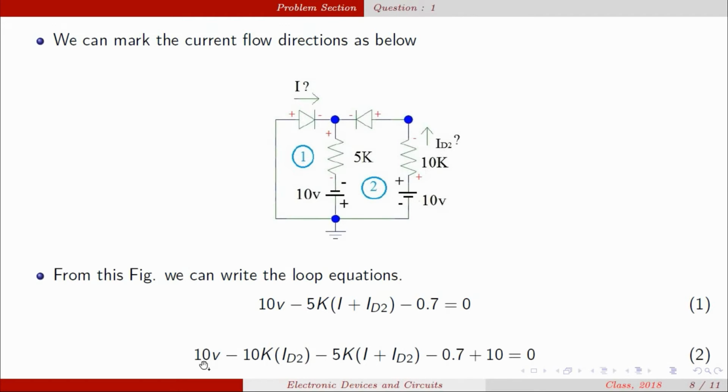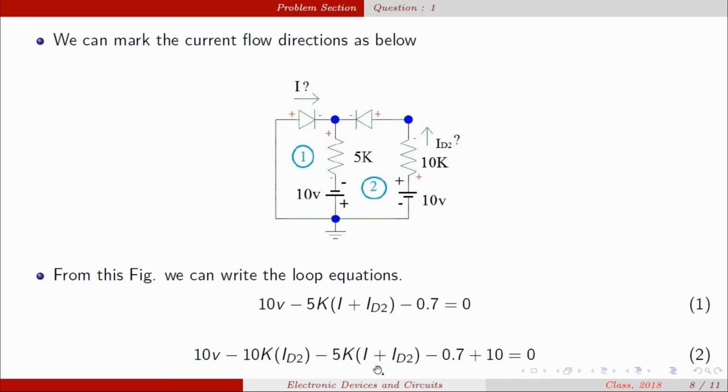Here's the supply again, minus to plus, so we take it as positive: plus 10, equal to 0. That's it: 10 volt minus 10k into ID2 minus 0.7 minus 5k into (I plus ID2) plus 10 equal to 0.